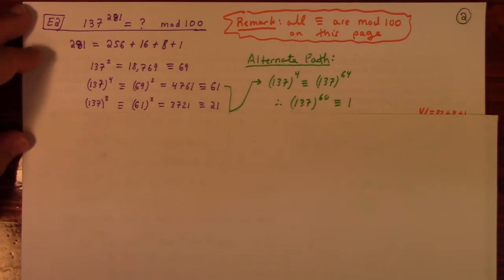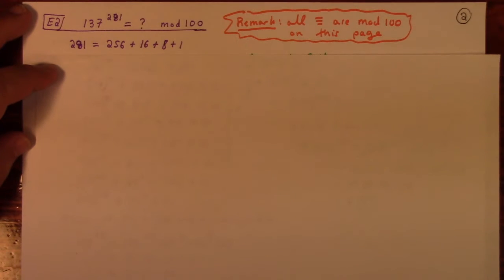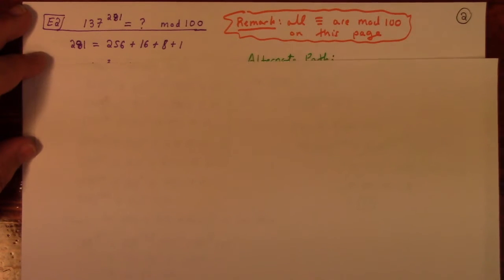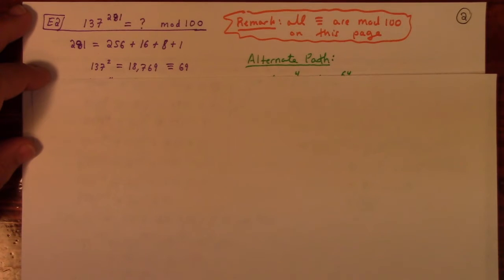So first of all, I take 281 and break it down into sums of powers of 2. So you can fit a 256 into that, a 16, an 8, and a 1. And so then I just go about calculating all the way up to the 256th power of 137, mod 100.